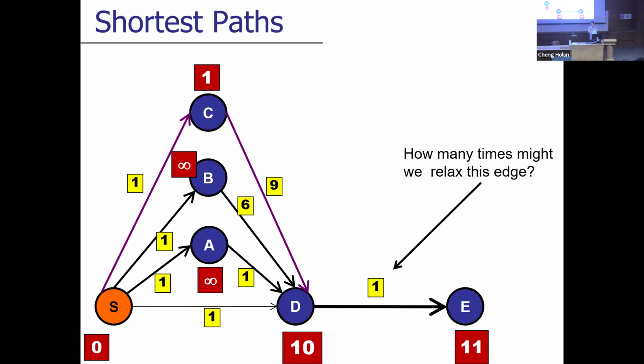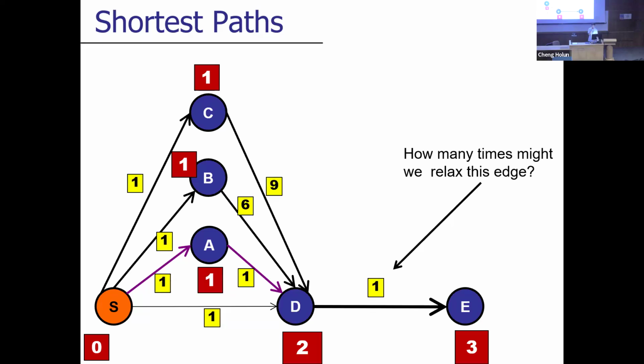And now I have an estimate. Relaxing D will make the estimated distance of E to be 11. And now I relax S, B and D, B, and then D, E, I improve the estimated distance of E to 8. And now I relax S, A, A, D, and D, E, I improve the estimated distance of E to be 3.